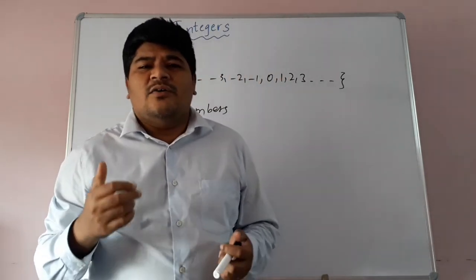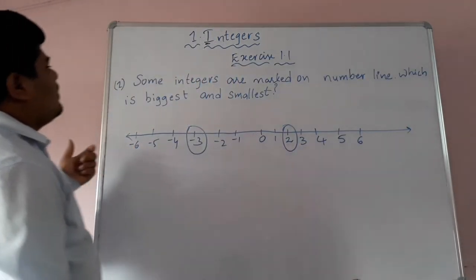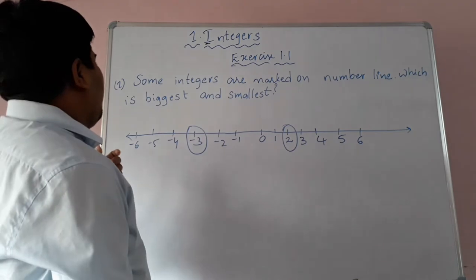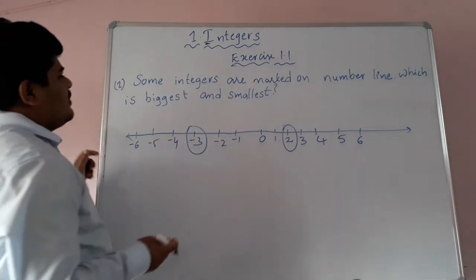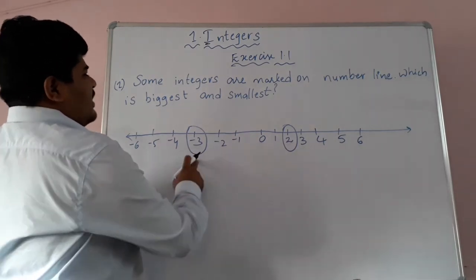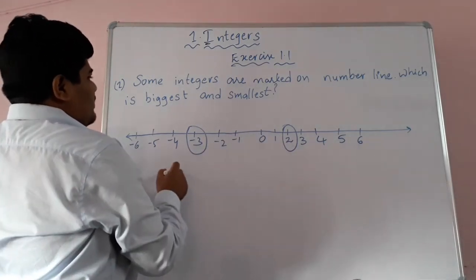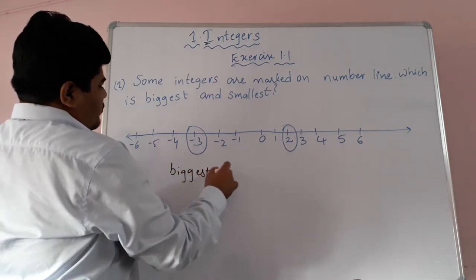Now children, we will solve a few problems on the basics of integers which we learned in earlier classes. Let's see the exercise sums. Problem number 1 in exercise 1.1: some integers are marked on the number line, which is biggest and smallest? Two integers are marked, -3 and 2. What is the biggest number? Positive 2.